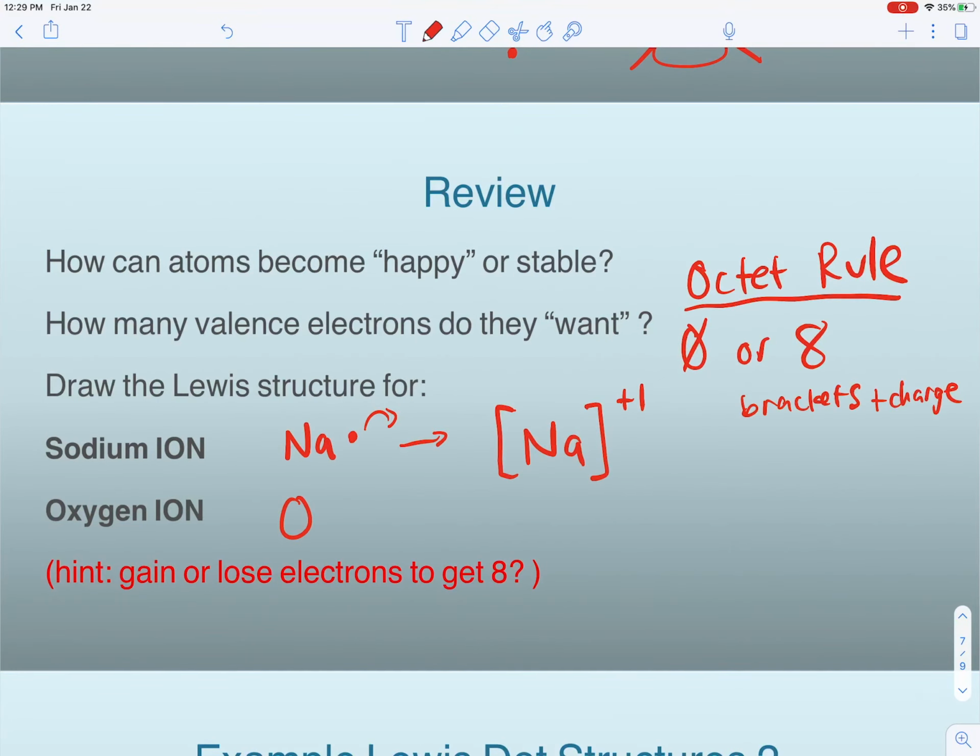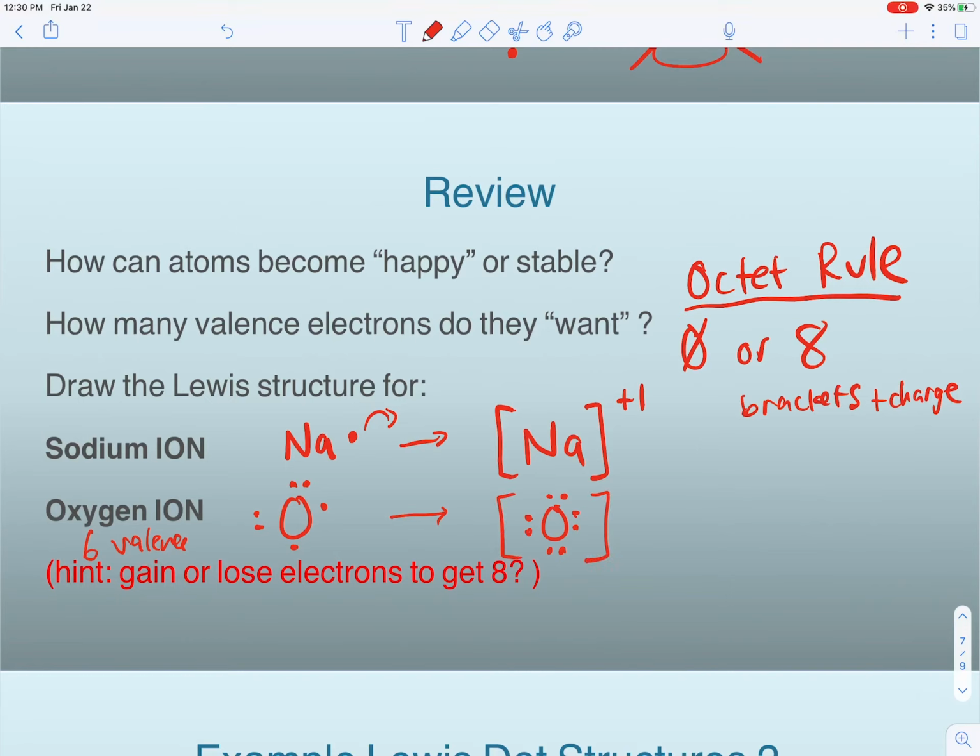What about oxygen? Oxygen's got 6 valence electrons. 1, 2, 3, 4, 5, 6. For oxygen, would it be easier to gain or lose electrons to get 8? Since it already has 6, oxygen is going to gain 2 more electrons, because it wants that full octet. It's a lot easier for oxygen to gain 2 electrons than it is to lose 6.